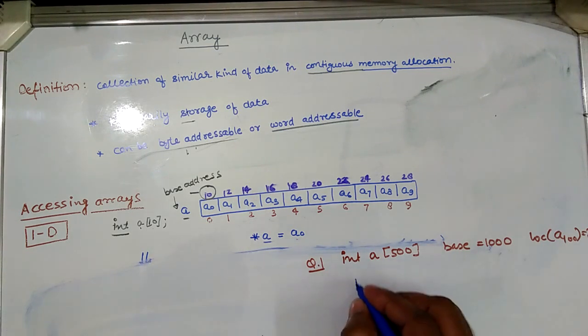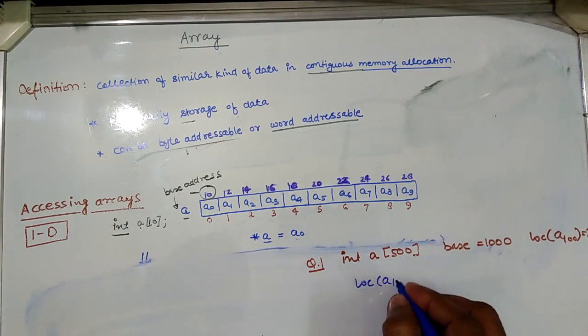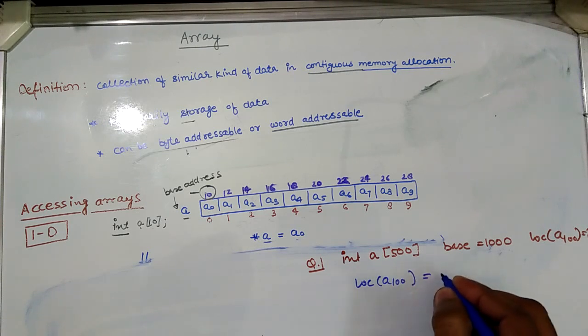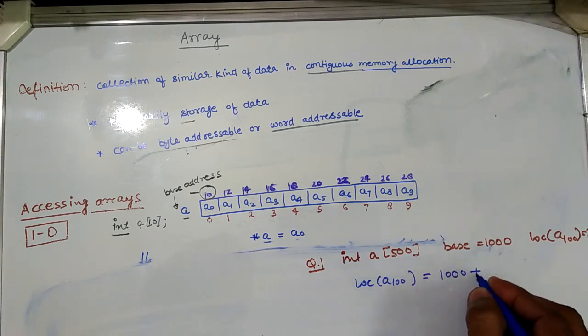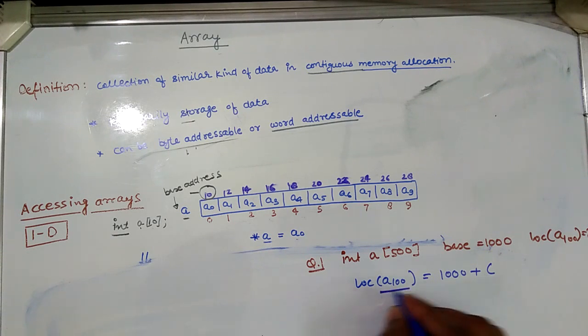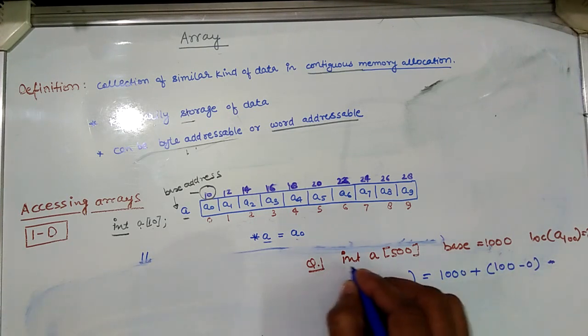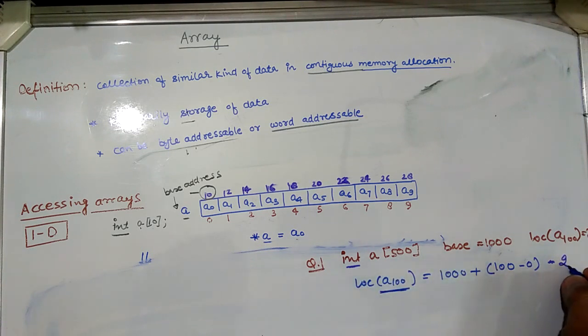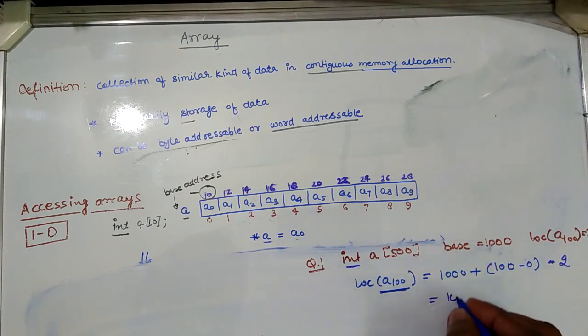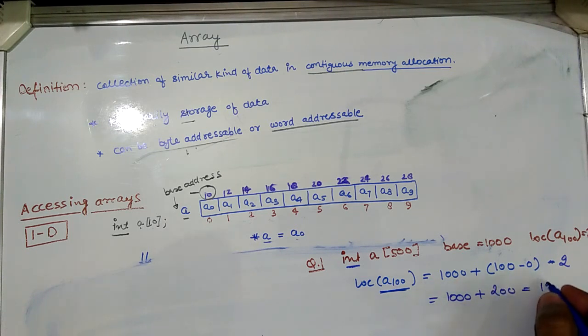In order to find it, you need the base address plus how many elements are before this a of 100 location. So we have 100 minus 0, into, I assume, because it is an integer, integer size as 2, then 1000 plus 200 is equal to 1200, the address of this a 100th element.